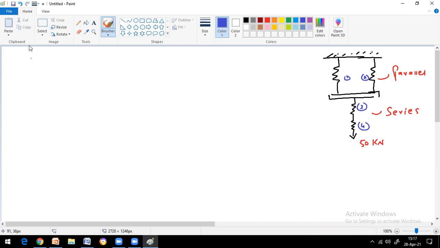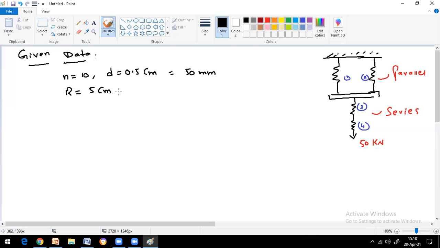What is the given data? Let me write down the given data clearly. The number of turns of each spring is 10. Diameter of each spring wire is 0.5 centimeter, which is 5 mm. And the mean radius of the coil is 5 centimeter, which is 50 mm.